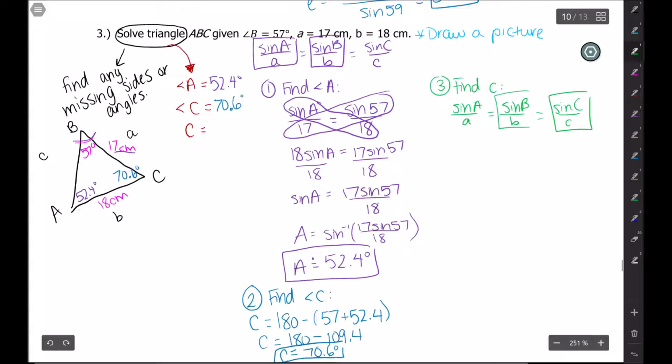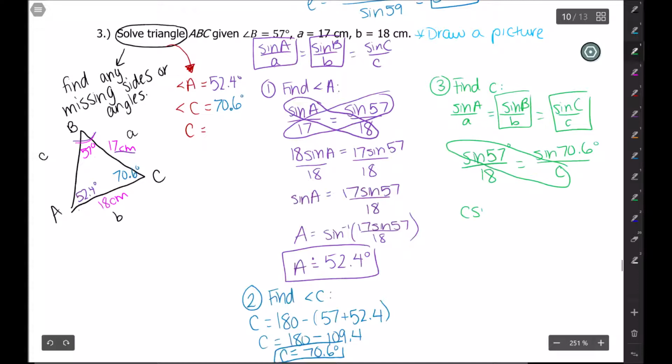I'll use B because it's not a decimal for my angle, but if you wanted to use A, it's totally fine as well. So here I'm going to say the sine of B, which is 57 degrees, over lowercase b, which is 18 centimeters, is equal to the sine of C, which is 70.6 degrees, over lowercase c, which is unknown here. So I'm going to cross multiply.